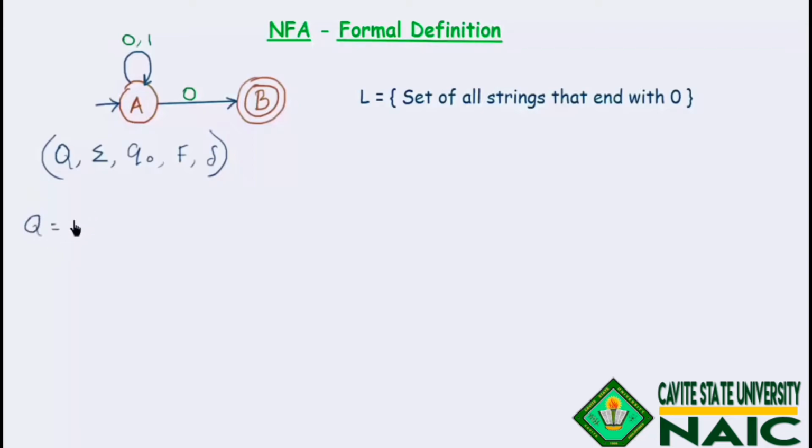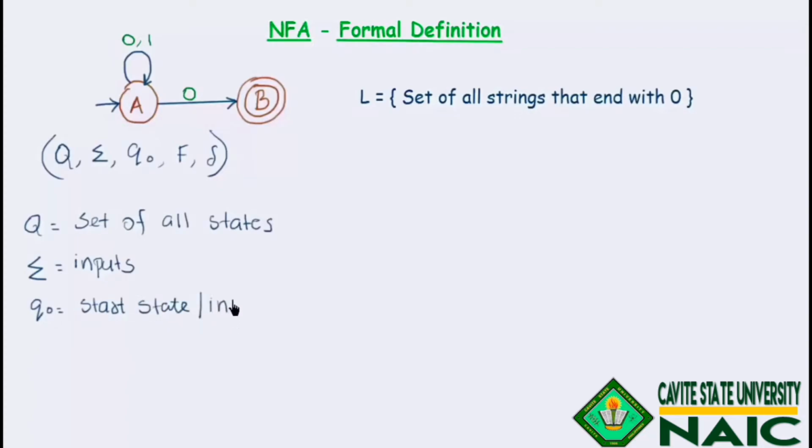Q is the set of all states, sigma is the input, Q naught is the start state or the initial state, and F is the set of final states.